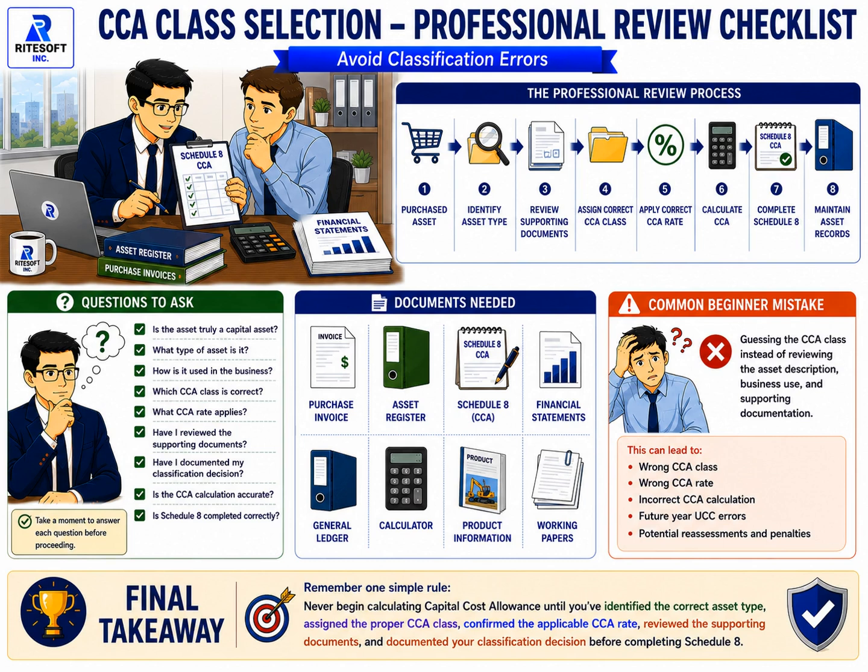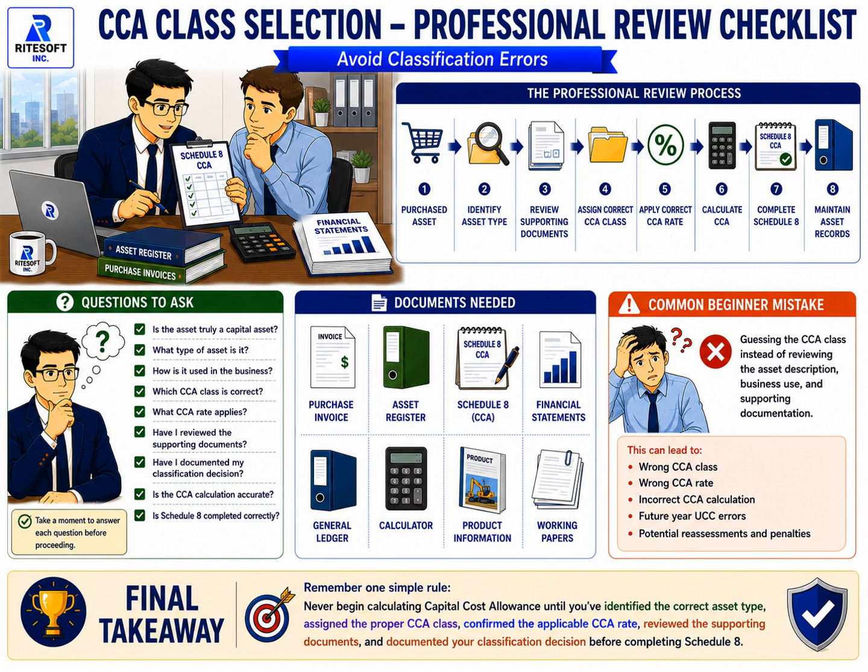Next, review the supporting documents. These may include the purchase invoice, product specifications, manufacturer information, the fixed asset register, and any other records that describe the asset. These documents help confirm the nature of the asset and reduce the risk of assigning the wrong CCA class. After reviewing the documentation, determine the correct capital cost allowance, or CCA, class.